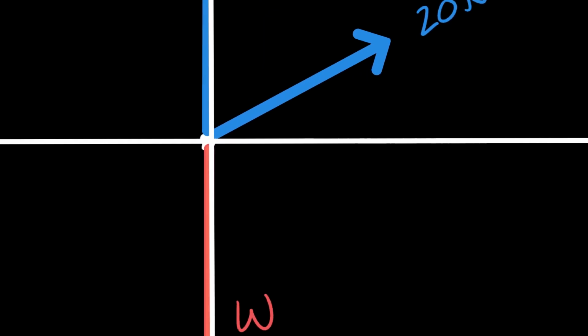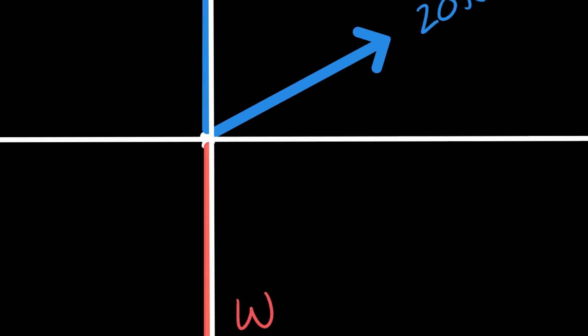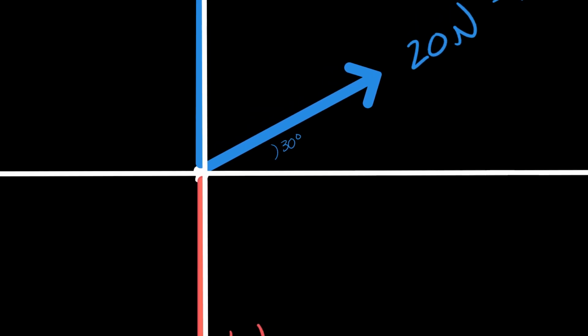So let's handle our off-axis force. This angle is 30 degrees. So I'm going to need two vectors that can replace the clear and obvious off-axis vector. So that's going to be an arrow in this direction.